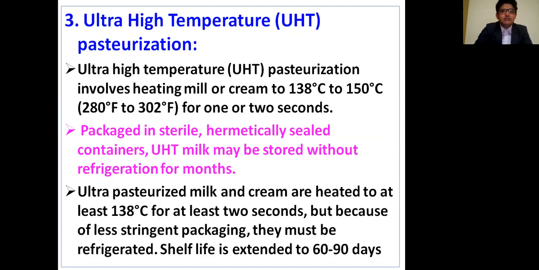Ultra pasteurized milk and creams are heated to at least 138 degrees centigrade for at least 2 seconds, but because of less strengthened packaging, they must be refrigerated. Shelf life is extended to 60 to 90 days. So the milk which has undergone ultra high temperature pasteurization can be preserved up to 60 to 90 days.